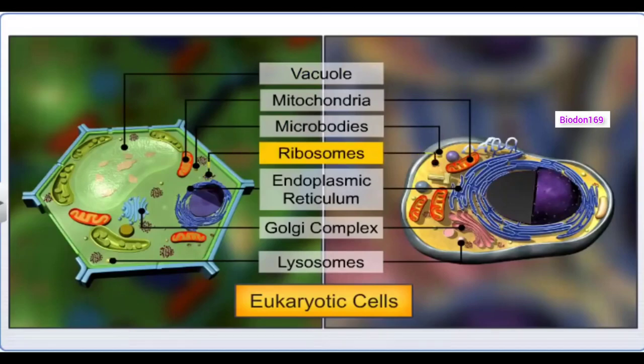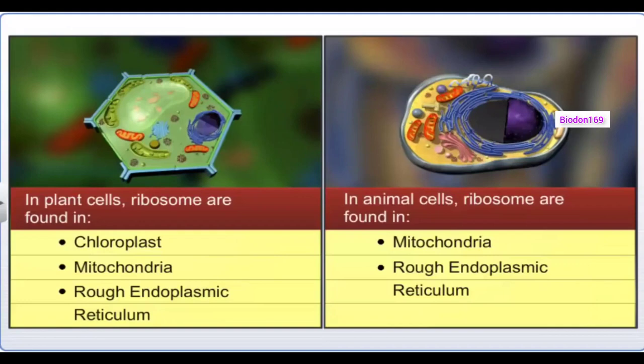Interestingly, ribosomes are also found in chloroplasts of plant cells as well as the mitochondria and rough endoplasmic reticulum of both plants and animals.